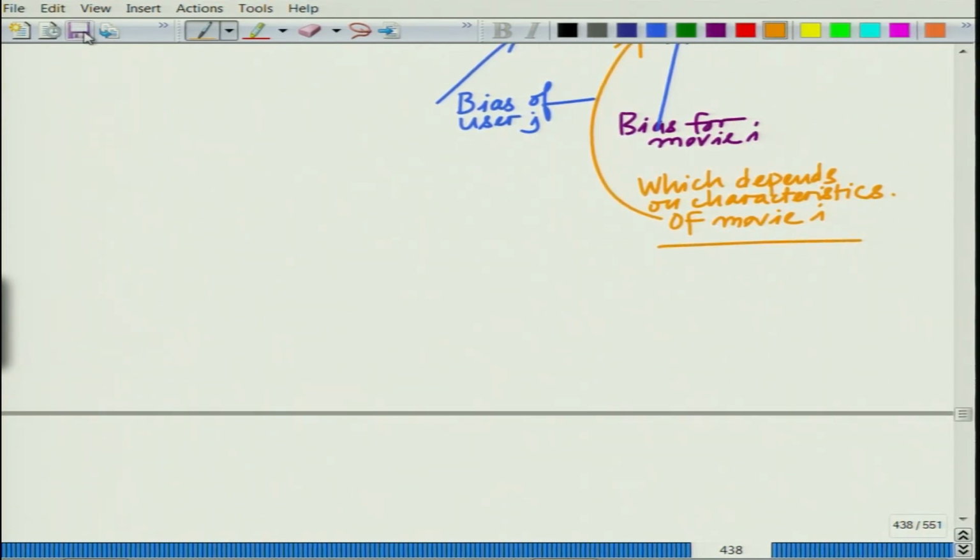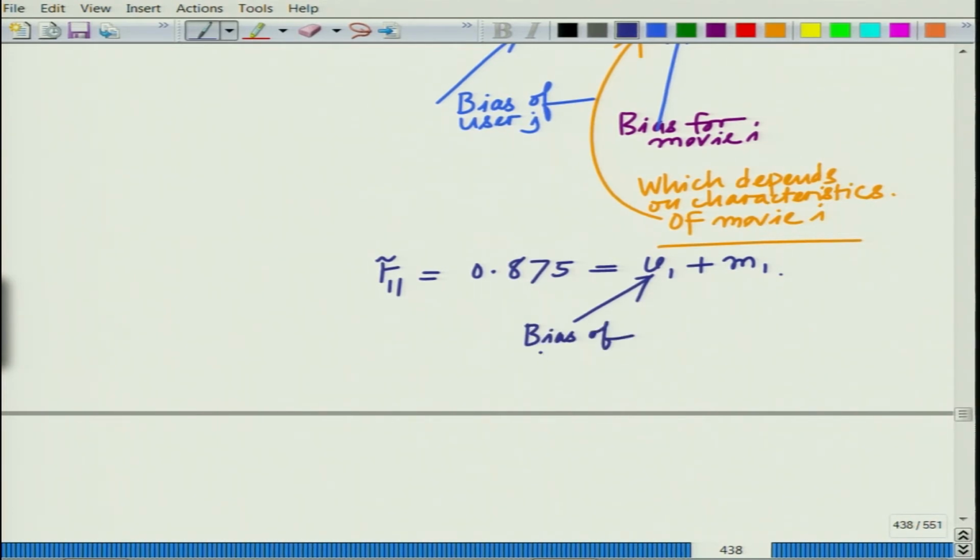Therefore, for instance, I can write R tilde 1 1, which is 0.875, as U 1 plus M 1, the bias of user 1 and the bias for movie 1.